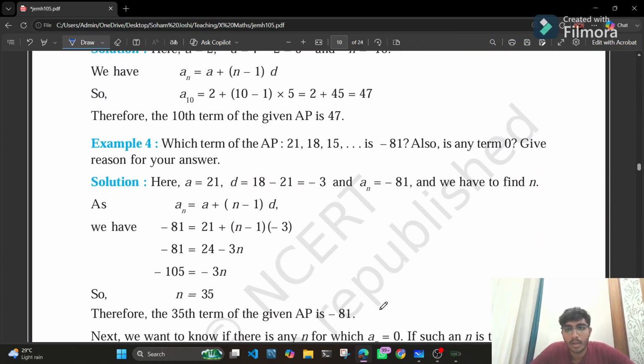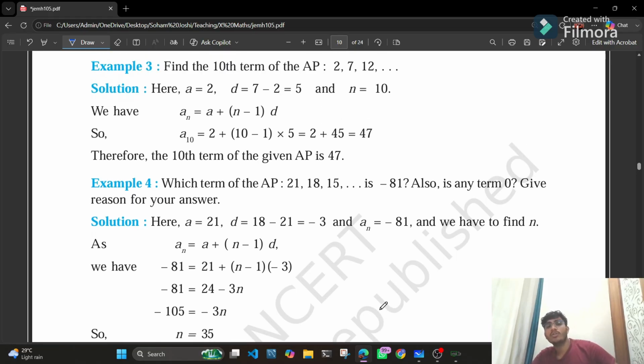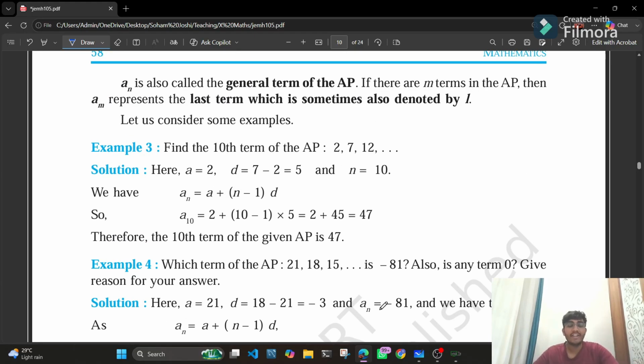It could also be that you will be given the last term of the AP, and asked to find the number of terms in that AP. So basically you can just put it in the formula, you will get the value of n, and then you can draw the conclusion that these many terms are present in that AP.